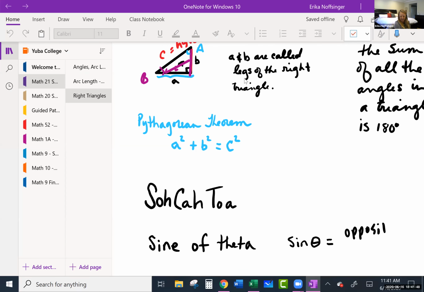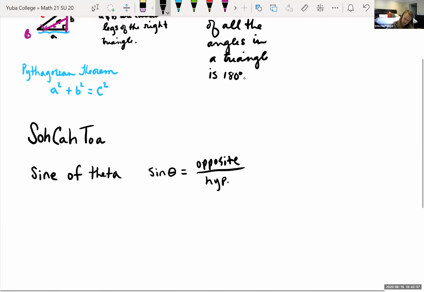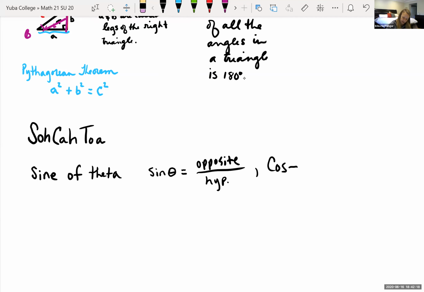So sine of theta is opposite of theta over hypotenuse. C represents cosine.